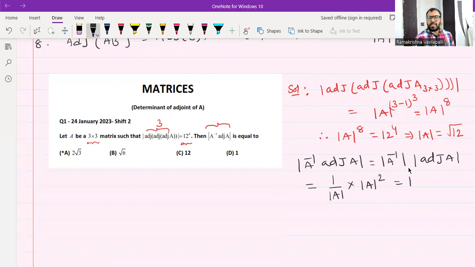So this is simply det A, which is root 12. So we got 2 root 3.